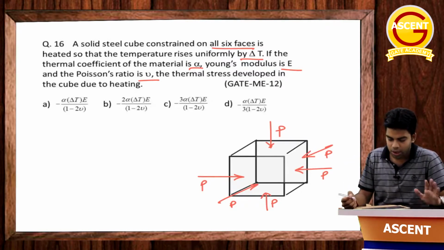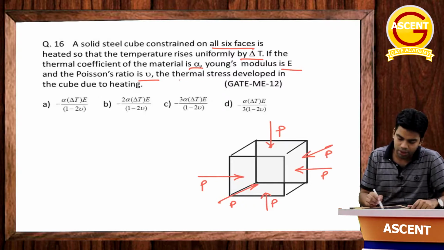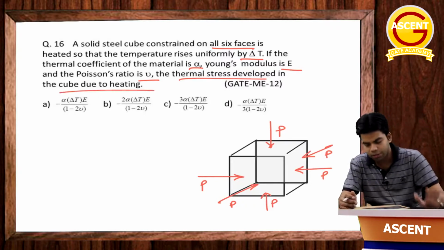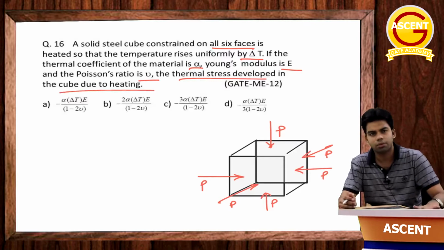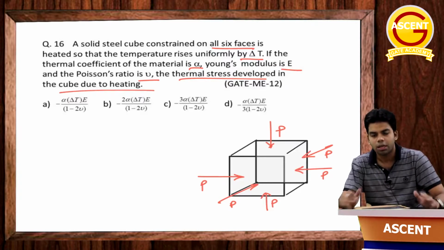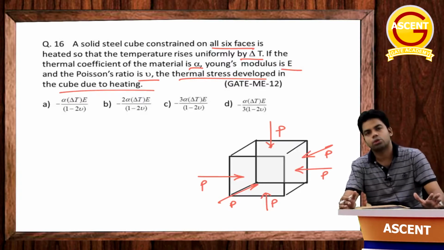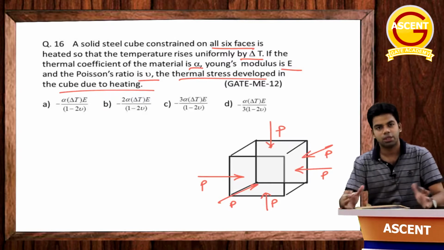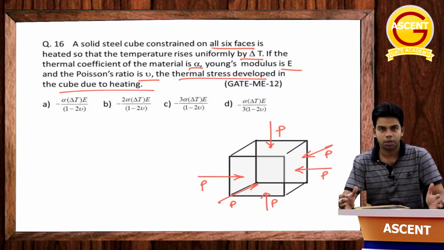Getting this? Okay. Now, what it is said, we have to determine the thermal stress developed in the cube due to heating. Now, how can we determine this thermal stress? So, same thing we have to do as I have told you. Whenever we want to solve the question of thermal stress, we have to assume that if it is free to expand, then how much it would have expanded.